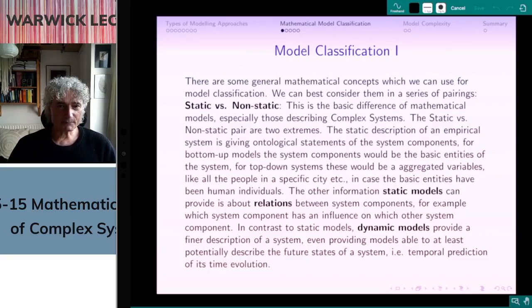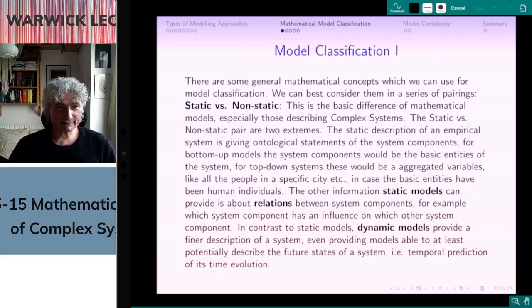So this is important. The difference between static and non-static models is that usually, in the static description, you talk mostly about the relations of the system components to each other. Of course, that can depend on whether you have the top-down or bottom-up approach, which then defines what your variables in the model would be. But you are not concerned, for example, about time evolution in the static description.